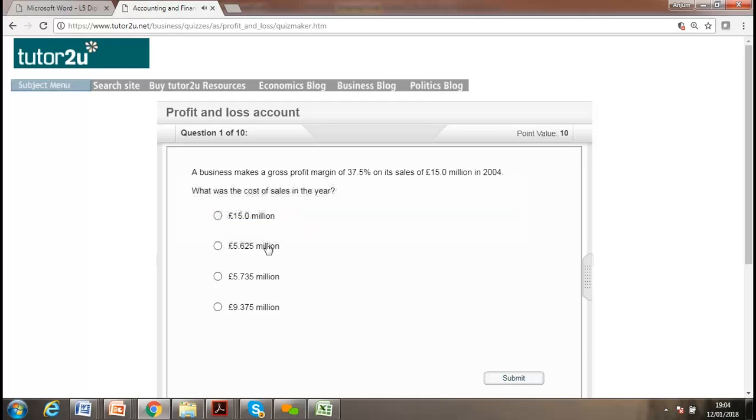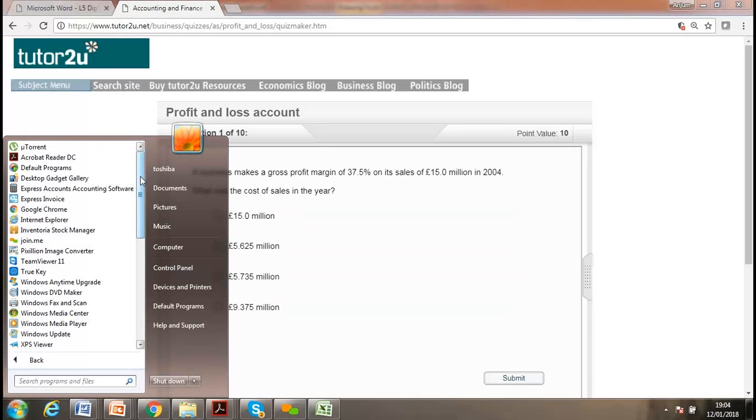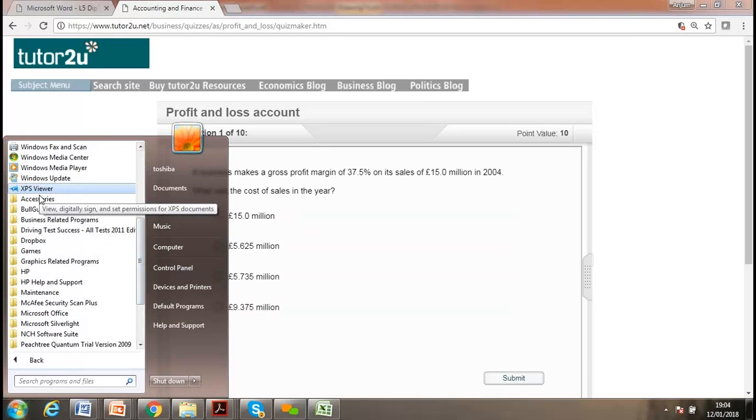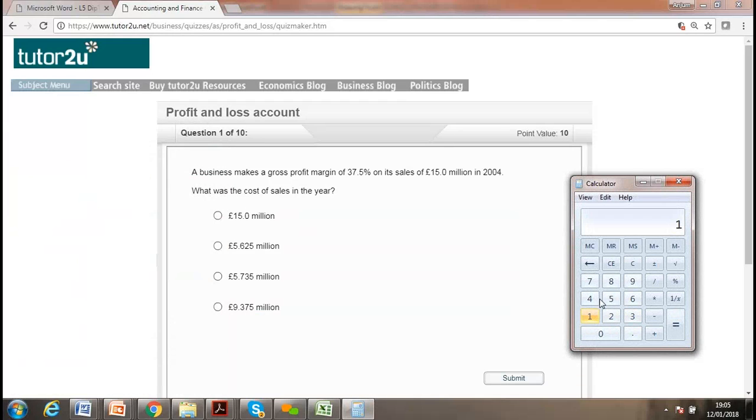If you take 15, we know how to calculate percentage, yes. So look, 15, if I calculate times 62.5%, so it will be on my calculator.